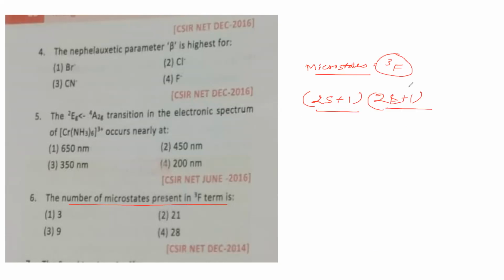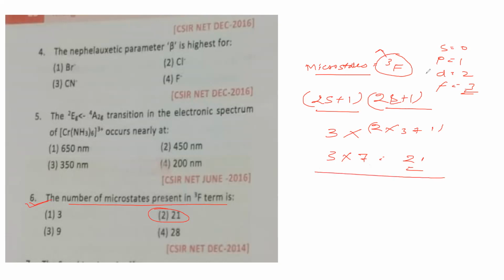So what is the 2S plus 1? In the given term, the upper subscript is 2S plus 1. So it is 3 into (2L plus 1). What is the value of L? We know that s has 0, p has 1, d has 2, and for f it is 3. So L value is 3 for f. So 3 into (2 into 3 plus 1), 3 into 7, it would be 21. So the second option is the right option for question 6.